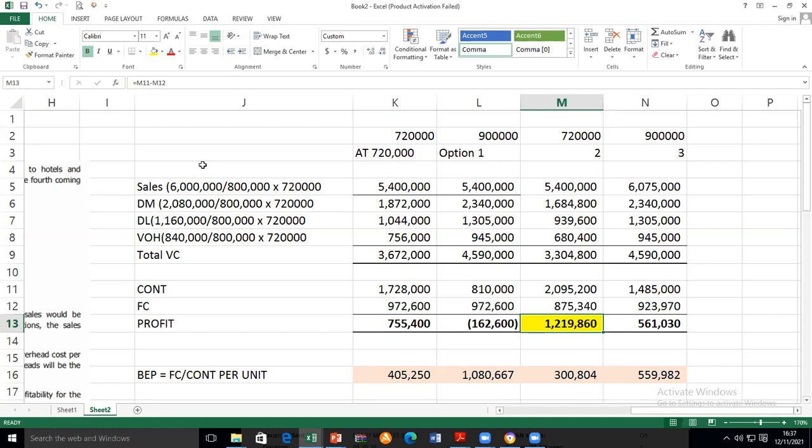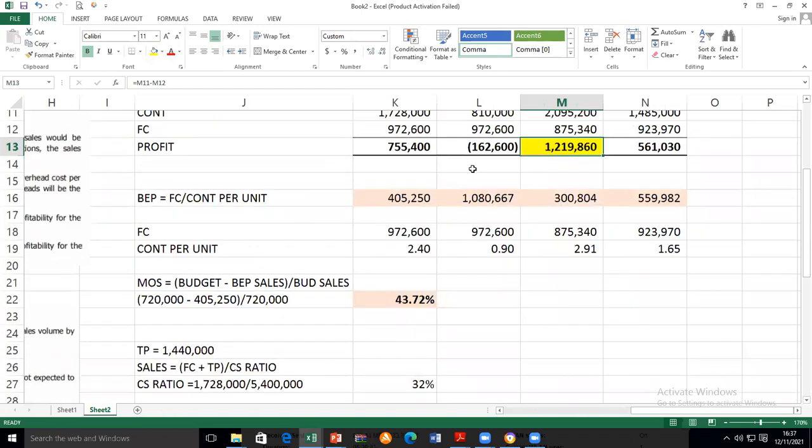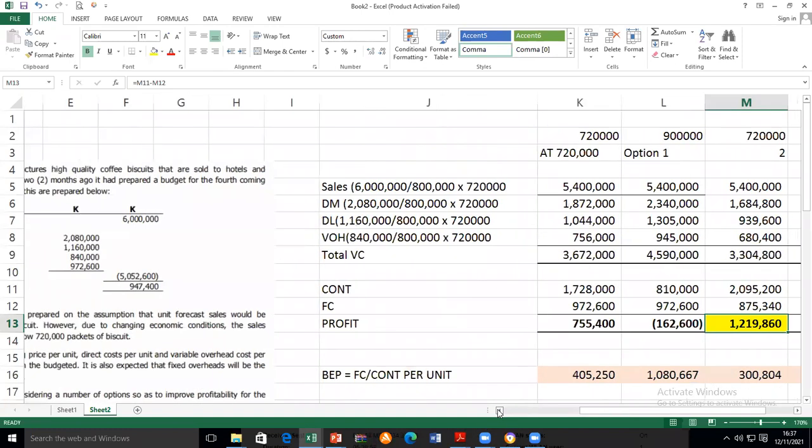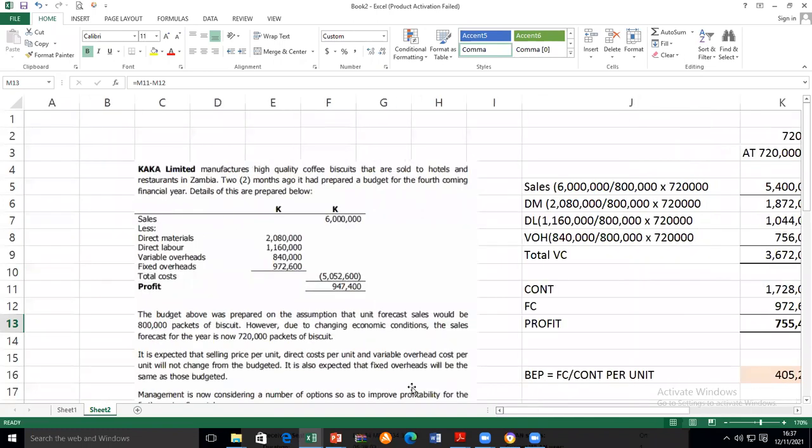That is why after you have done the question like this, you want to review it and see, if it came in the exam, how can you cut on the time? So this is a very good question on break-even analysis.